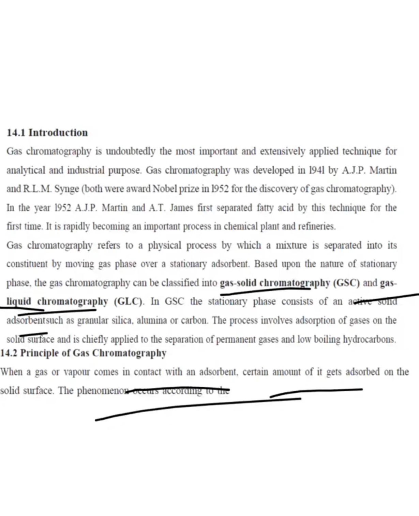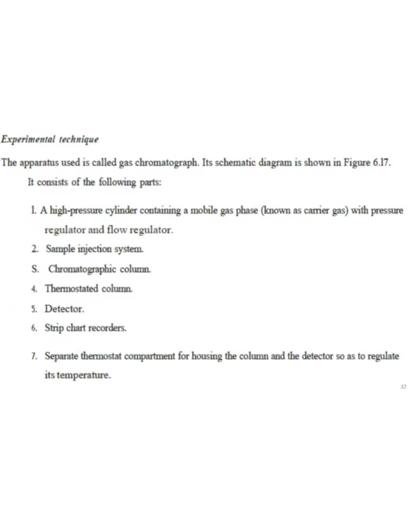And further, the experimental technique: here, high pressure cylinders hold the mobile phase. The mobile phase is known as the carrier gas, and it is inserted by the sample injection system. A chromatographic column is used further, and a thermostated column means the column is kept in a thermostat so that it maintains a constant temperature.